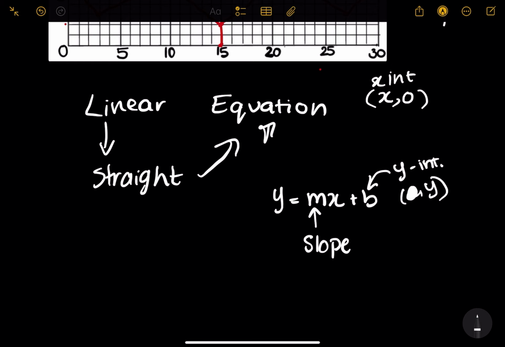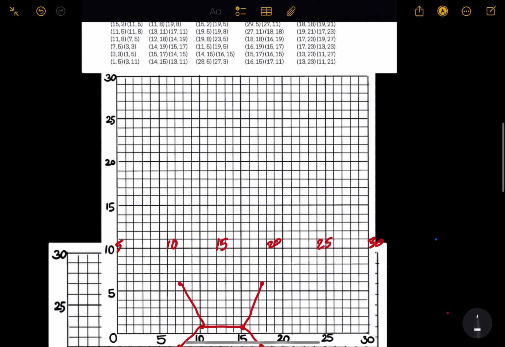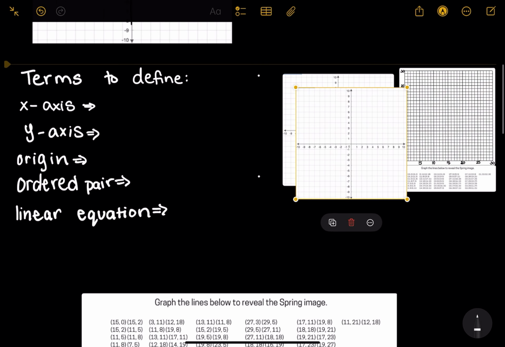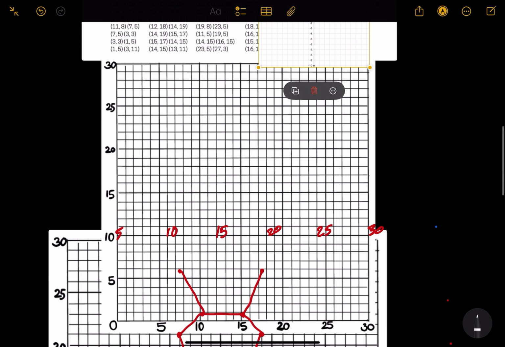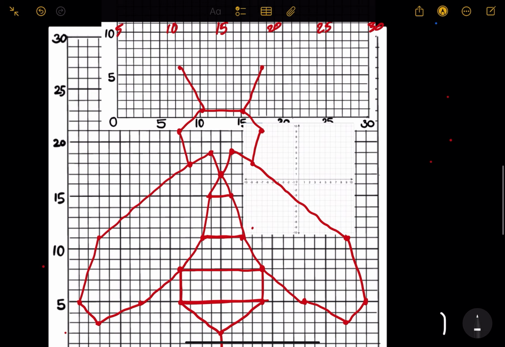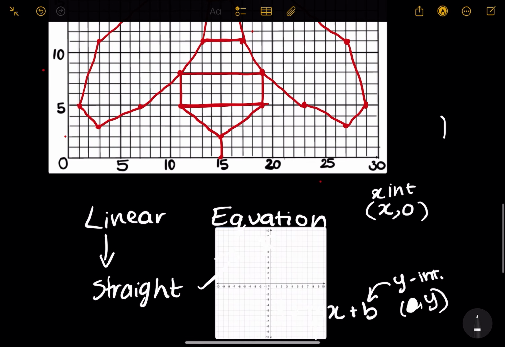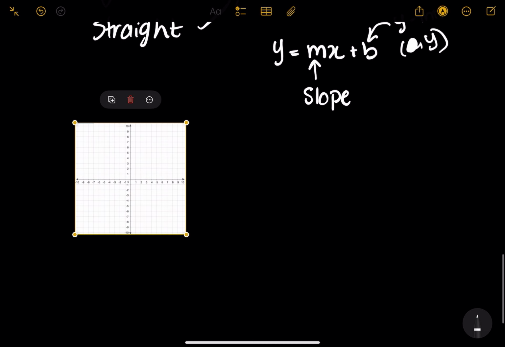Okay, so now we're going to be plotting a linear equation. First, let me grab a graph. Okay, now we have a graph here.